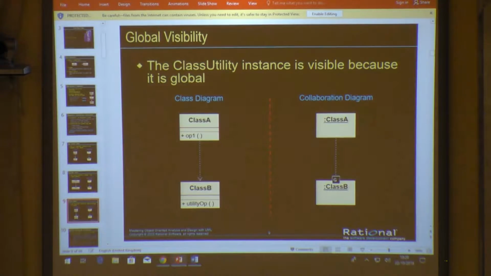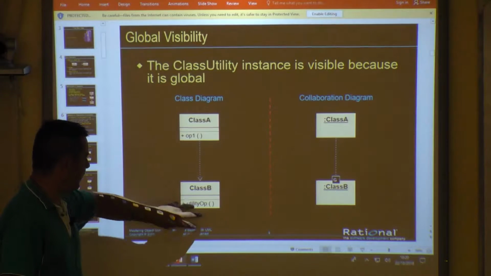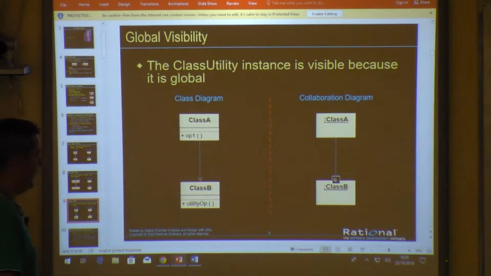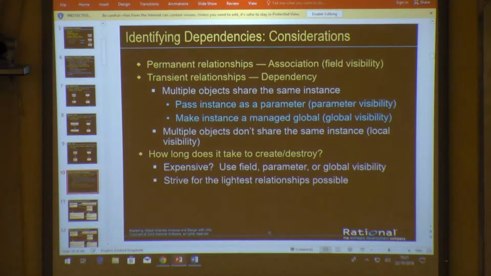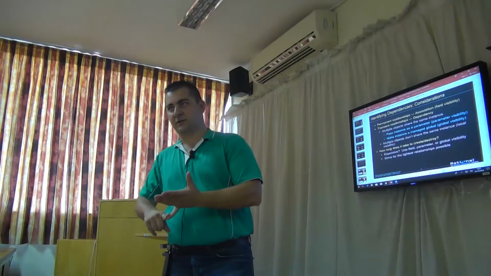Then we have global visibility. What we're seeing in this case is that they have an operation which is globally visible to it, and then you're creating objects to it, and thereby creating a global dependency. So what they're quickly doing is, how do we identify the considerations that we need to make for normal permanent relationships like our associations?